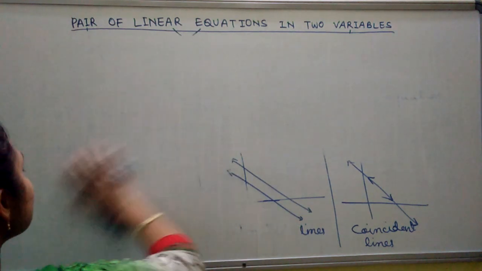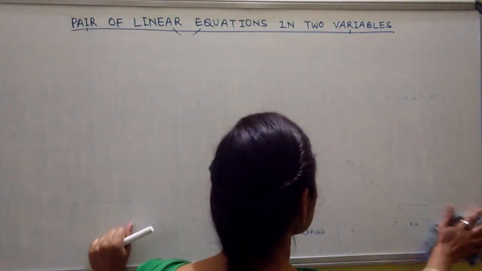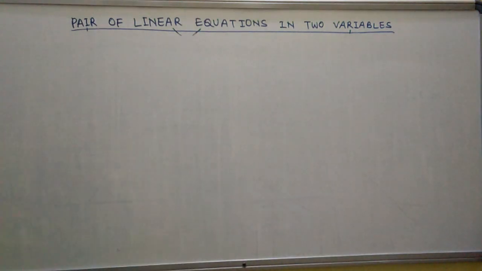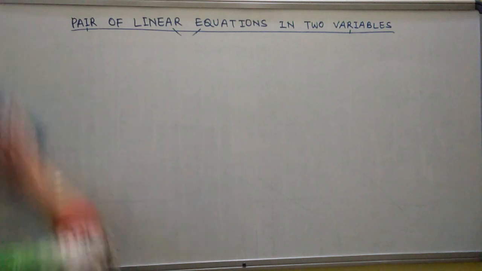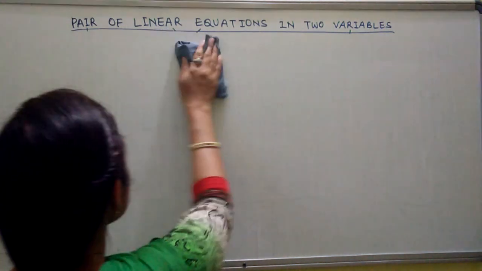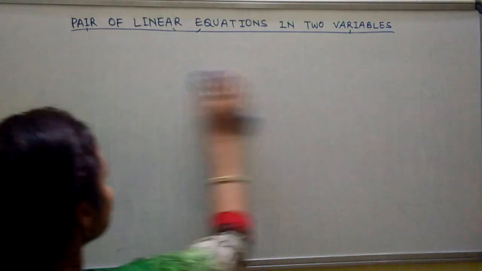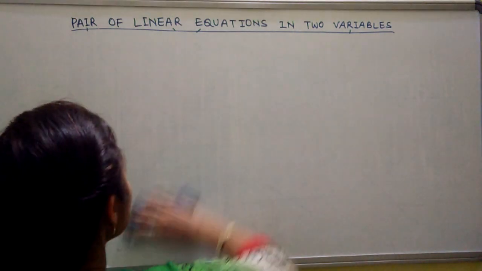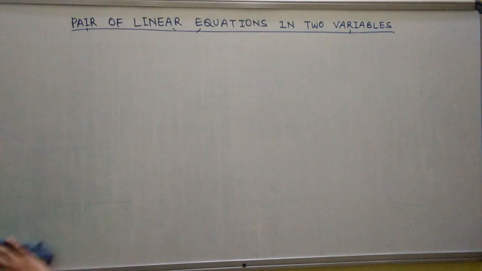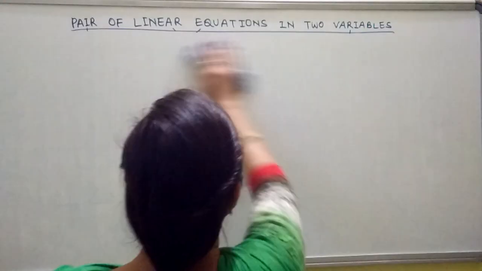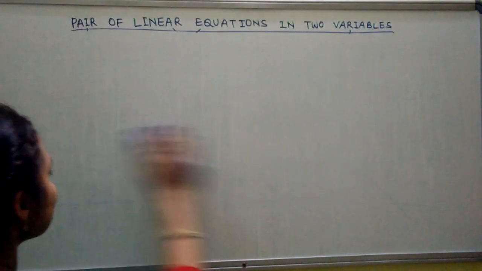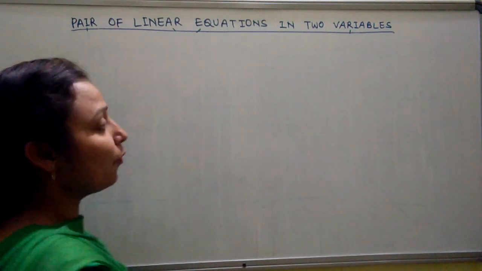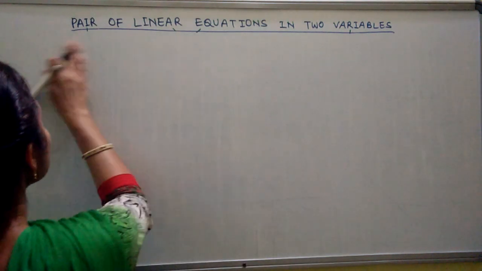There are only three conditions, easy to remember and easy to learn. They depend on the graph also. Without drawing the graph, without graphical representation, we can find out whether the lines are parallel, coincident or intersecting.